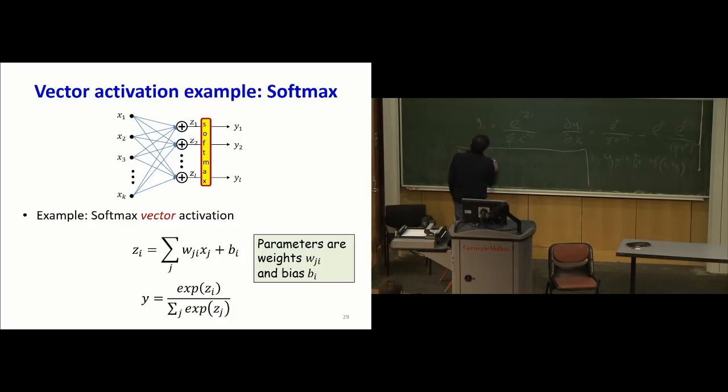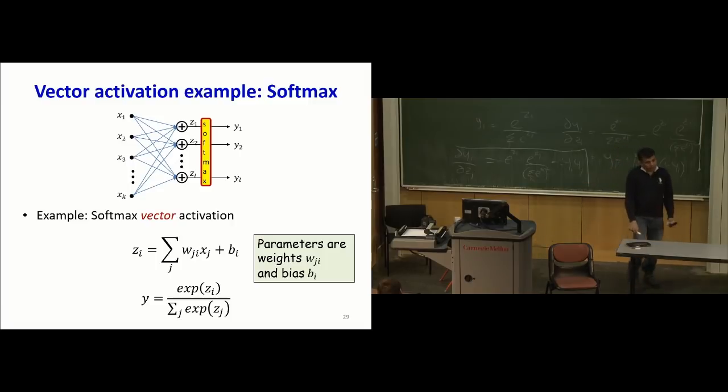That is going to be e raised to zi times minus e raised to zj over the summation of e raised to zk, squared, which is going to be minus yi yj. It's very trivial to see.